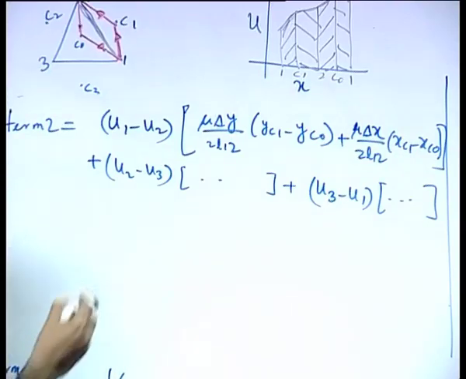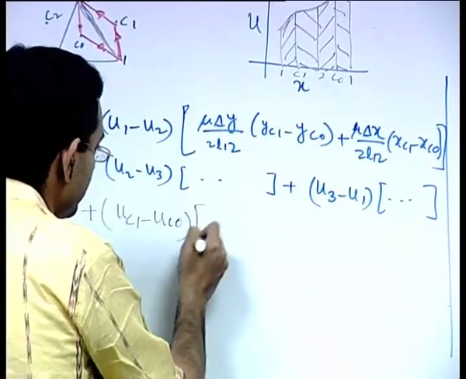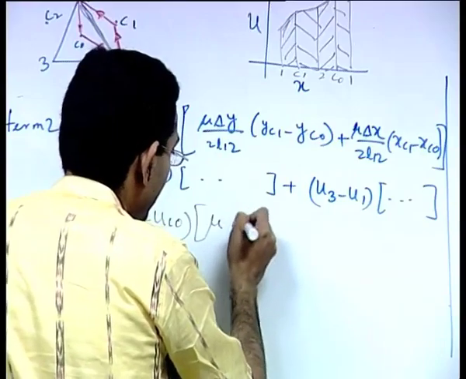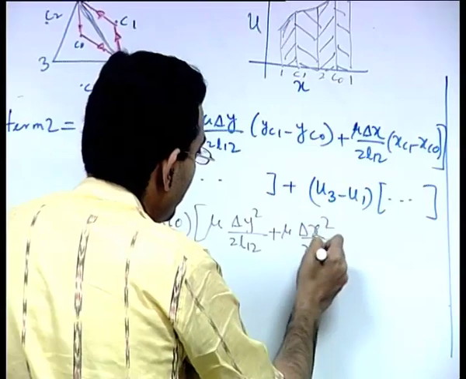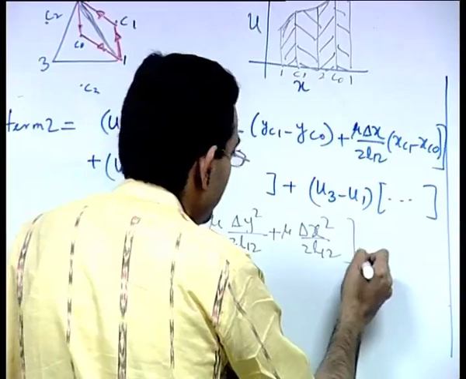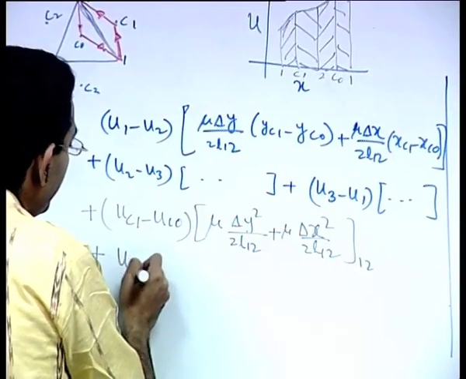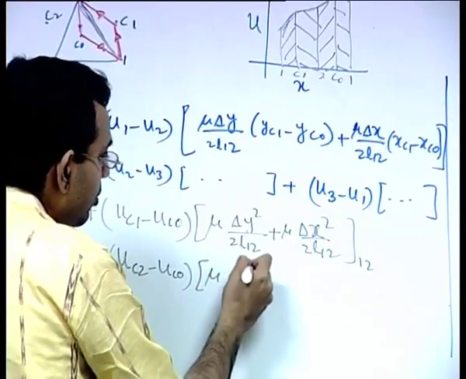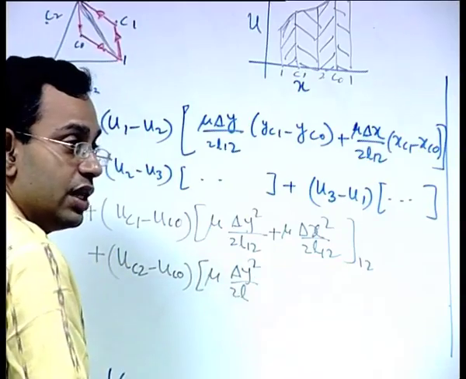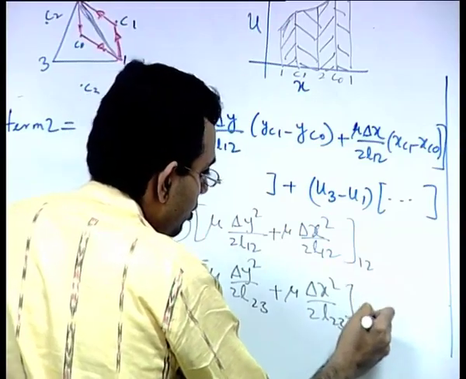Then the other type of term, plus uc1 minus uc0 into mu delta y square by 2 L12 plus mu delta x square by 2 L12 for the edge 1 2, plus uc2 minus uc0, there will be a similar term, for example delta y square by 2 L23 plus mu delta x square by 2 L23 for the side 2 3.